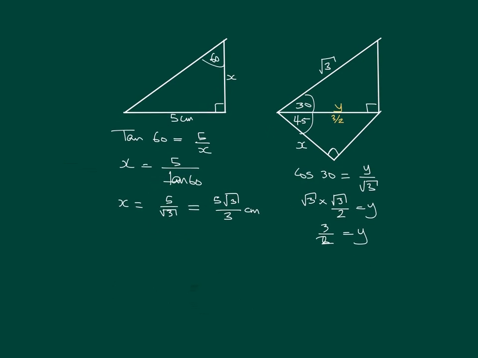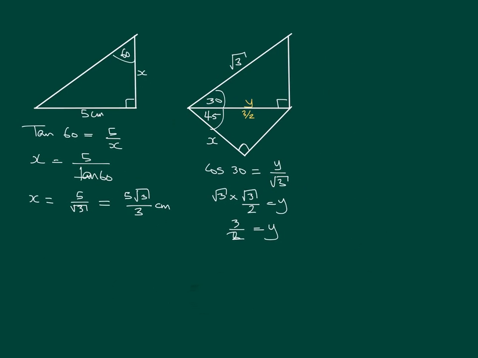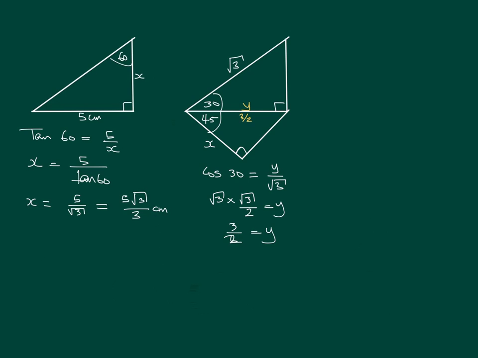So to find x, let's see what I've got. I've got my hypotenuse over here, and I've got an adjacent side over there to this 45. So I'll use cos again for adjacent over hypotenuse.